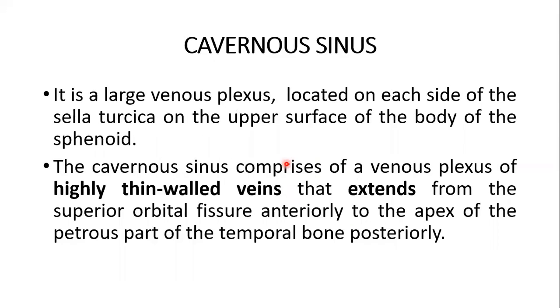So this is the cavernous sinus, showing the spotting. It comprises a venous plexus of highly thin-walled veins, extending from the superior orbital fissure anteriorly to the apex of the petrous part of the temporal bone posteriorly.